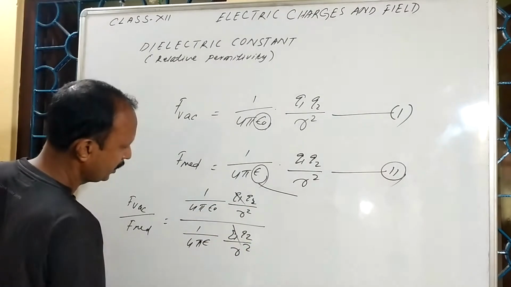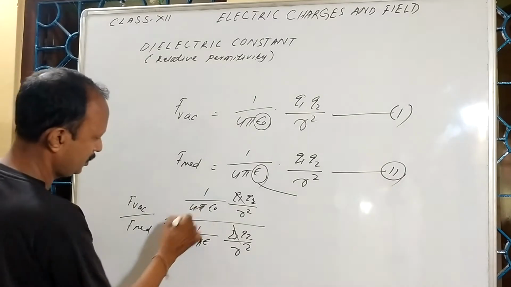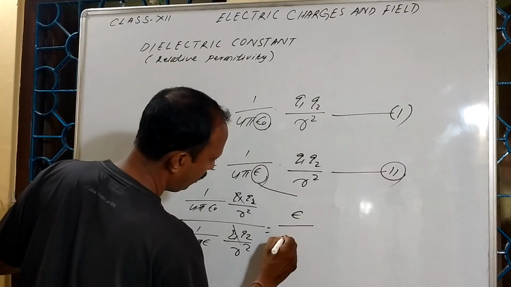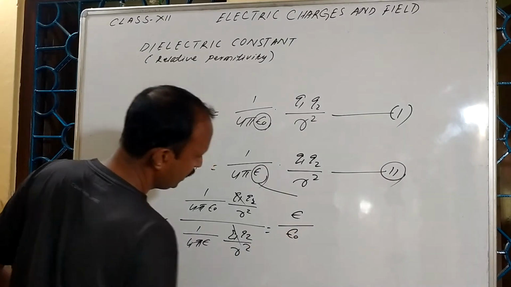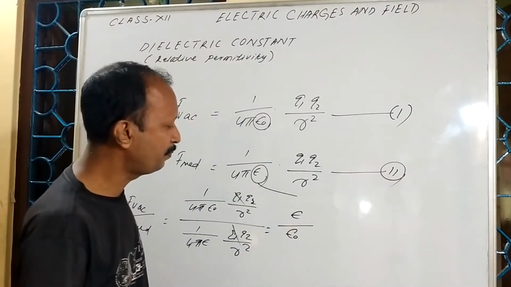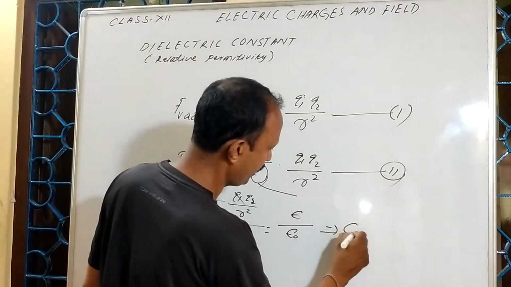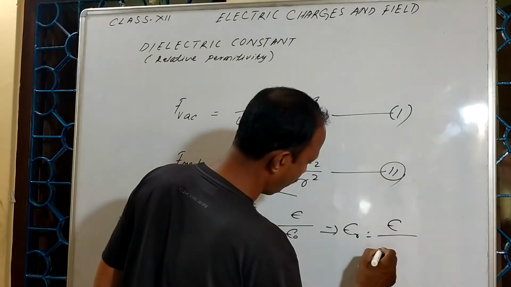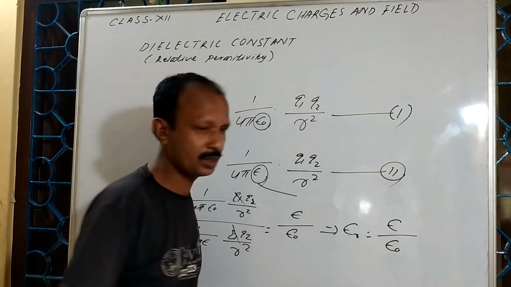This cancels, this cancels. That means we got epsilon upon epsilon naught. This is called the relative permittivity. So I can write epsilon r is equal to epsilon upon epsilon naught.